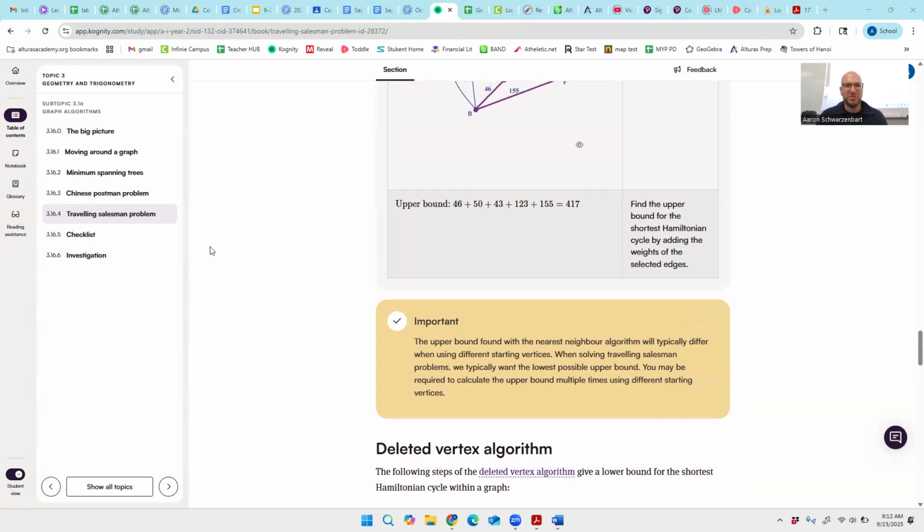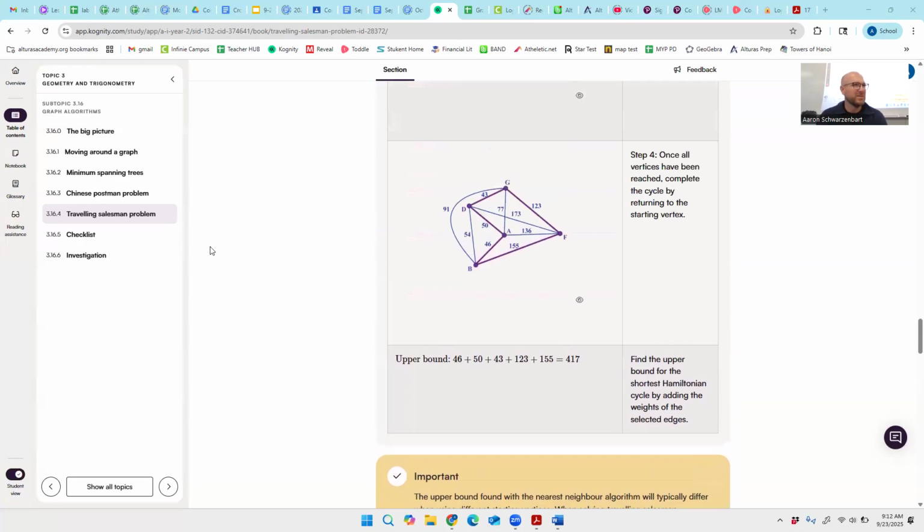This is small enough that you should be able to test about every possibility. But if you're getting a giant one, well, you've just got some boundaries. That makes sense. On the test, it might ask you to use a specific algorithm. Make sure you write them down in your notes.